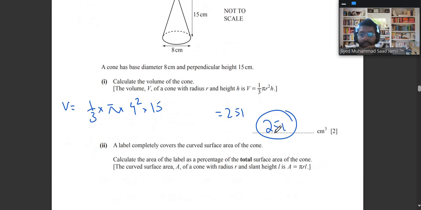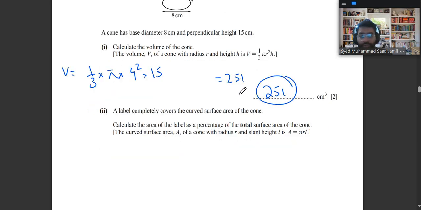Now it says the label completely covers the curved surface area of the cone. Calculate the area of the label as a percentage of the total surface area of the cone. So look, in this question, first of all, what does this question even mean? For example, this is a cone. You guys like eating Cornetto ice creams, right? And on a Cornetto ice cream, you have that wrap.